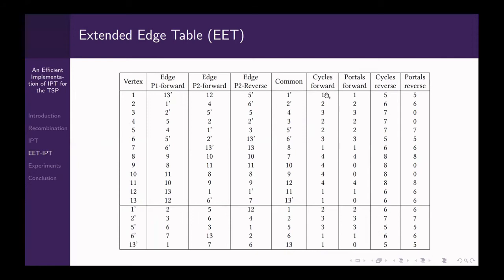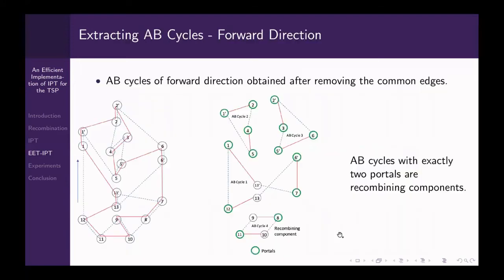Then we mark which nodes go to which cycle, both in the forward and in the reverse direction, and we also identify the portals. Portals are those nodes whose common edges lead to other AB cycles.